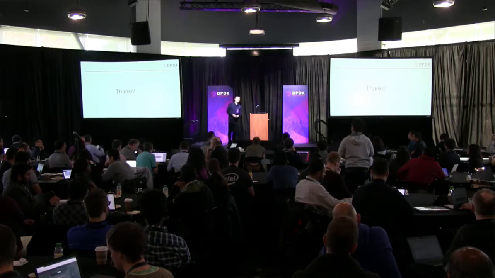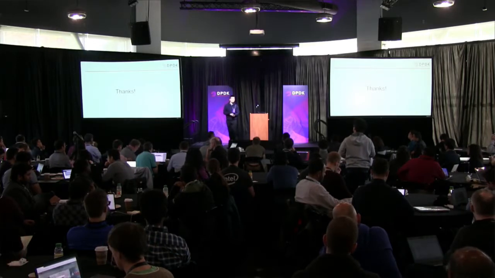vDPA is used for hardware acceleration of the virtualized para-virtualization interface, right? So if you are using pure CPU resources to do network acceleration, so there is no hardware acceleration, vDPA is not about that.